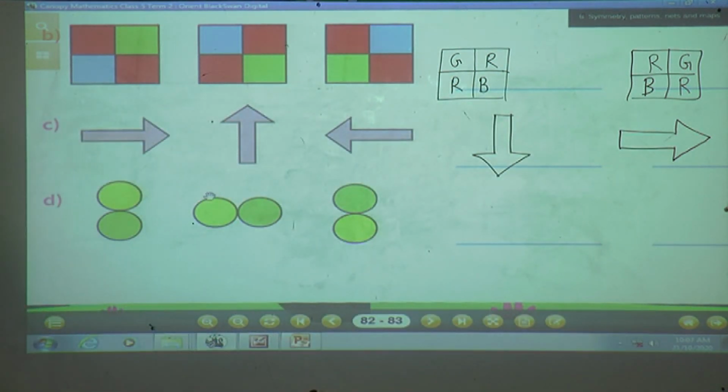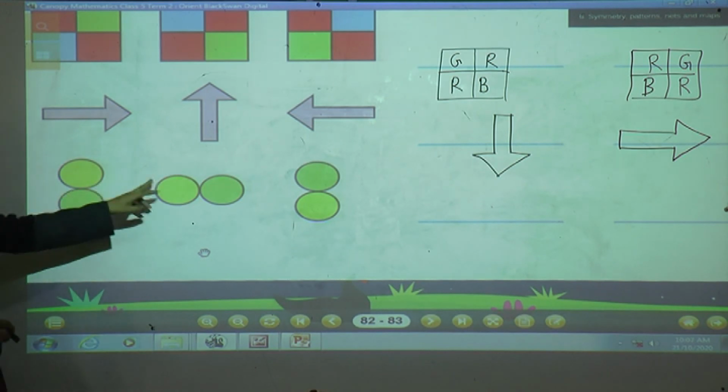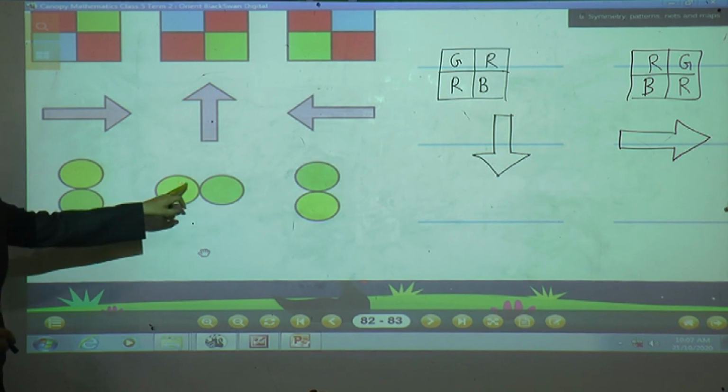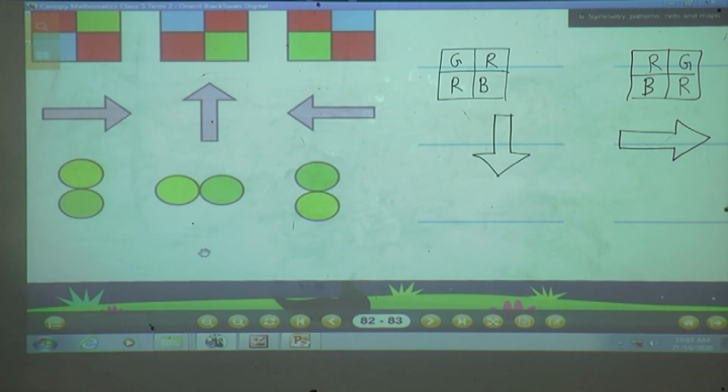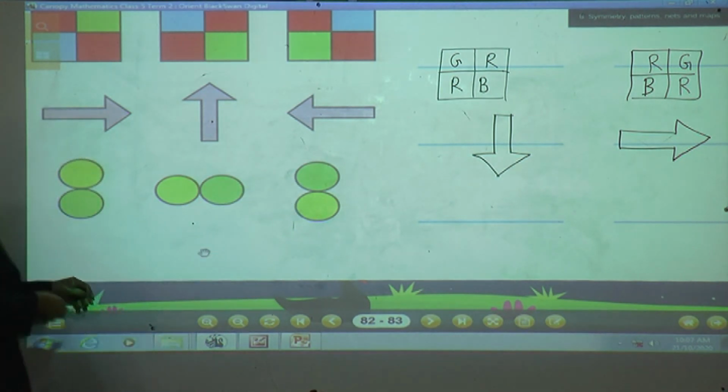So here last, B1. See, here yellow color, green color. Okay, again here yellow color, and here green color. Here green color and yellow color. Now the next pattern will, yes students, tell me how it will come.